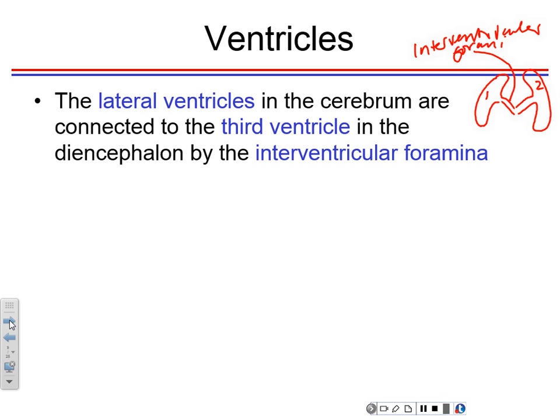Okay? Foramen is singular. So interventricular foramina like that. So you've got one on the left, one on the right, and they're joined together so that cerebrospinal fluid flows through all of those. Okay? And this is, of course, an oversimplified diagram. You know what I'm saying? And I'll show you nice ones later on. Okay?